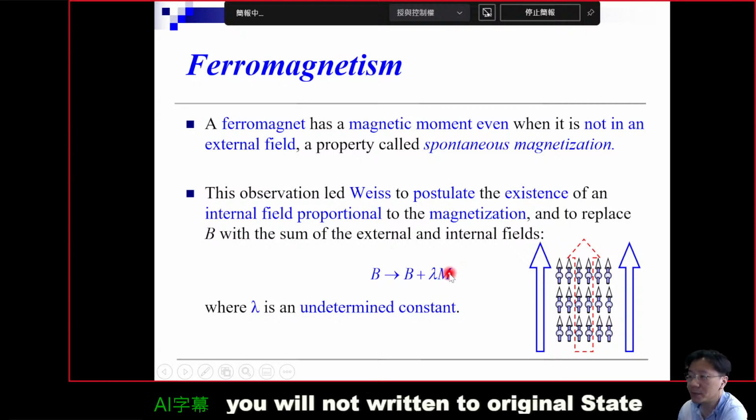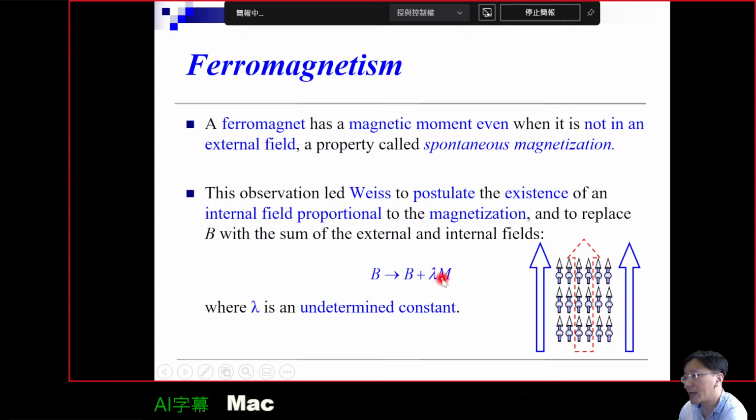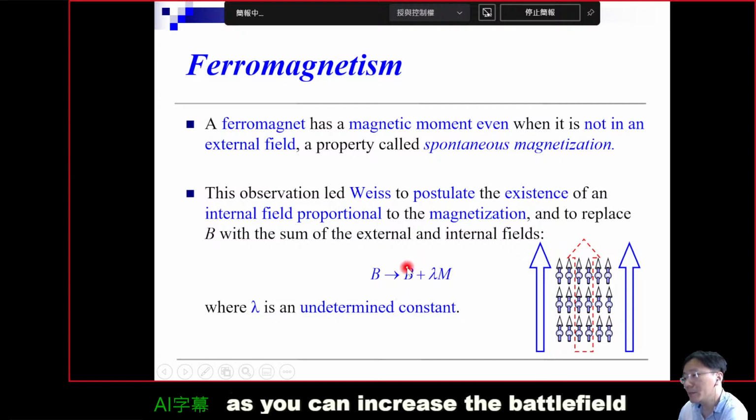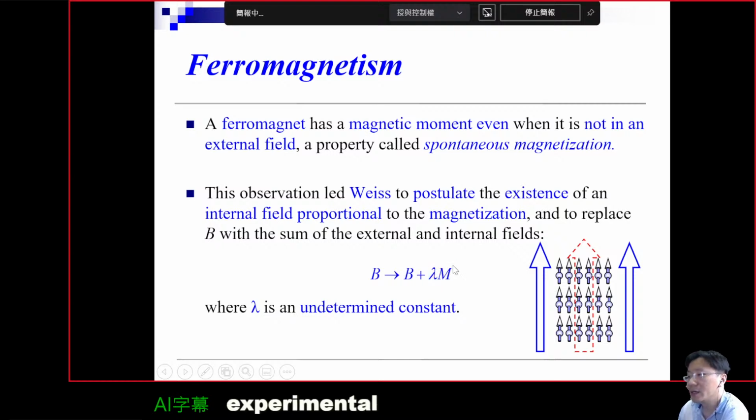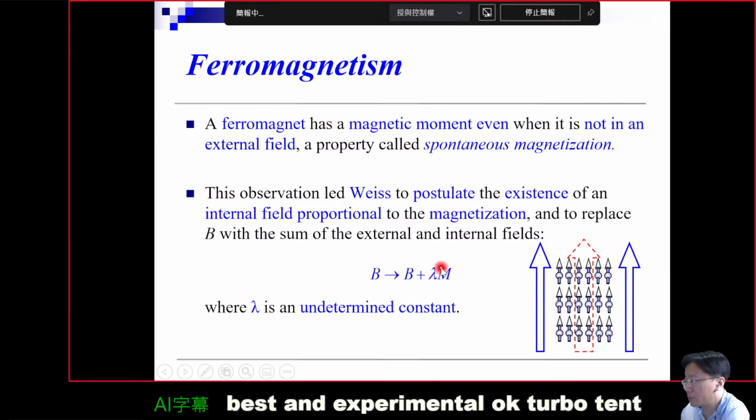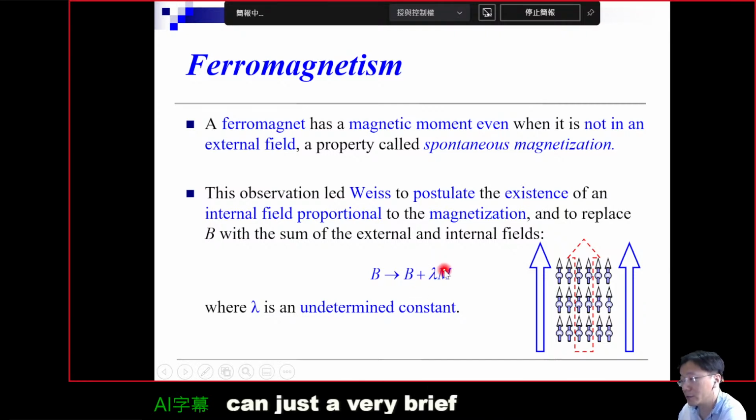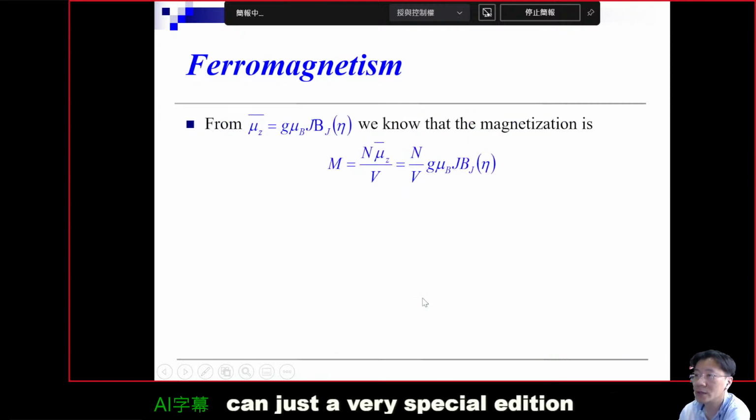In the original state, maybe the total magnetization would be equal to 0, right? So you can increase the magnetization by an external magnetic field, but when we remove the field, it will not return to 0. Okay, I will talk about that later, but you can just have a brief picture of this modification.